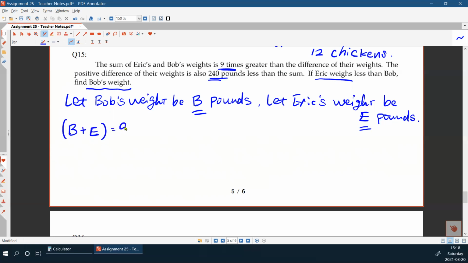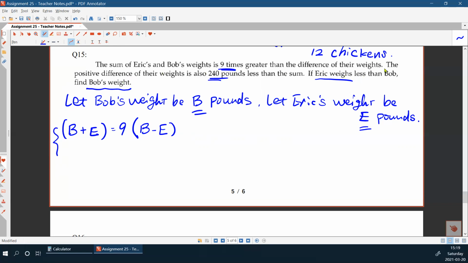This is 9 times greater than the difference. Difference is B minus E or E minus B, depending on which is heavier, right? It tells you Eric weighs less than Bob. So that means Bob weighs heavier. So the positive difference is B minus E, right? This is the first piece of information you know.